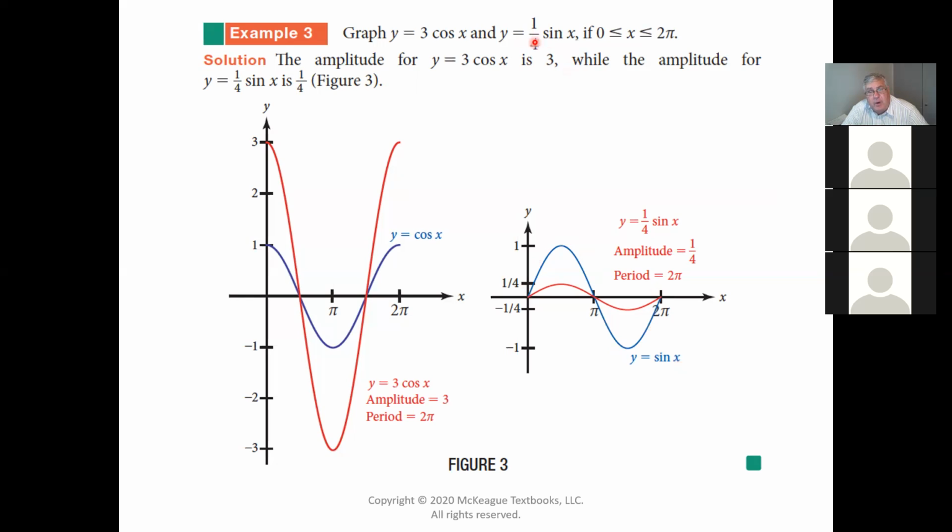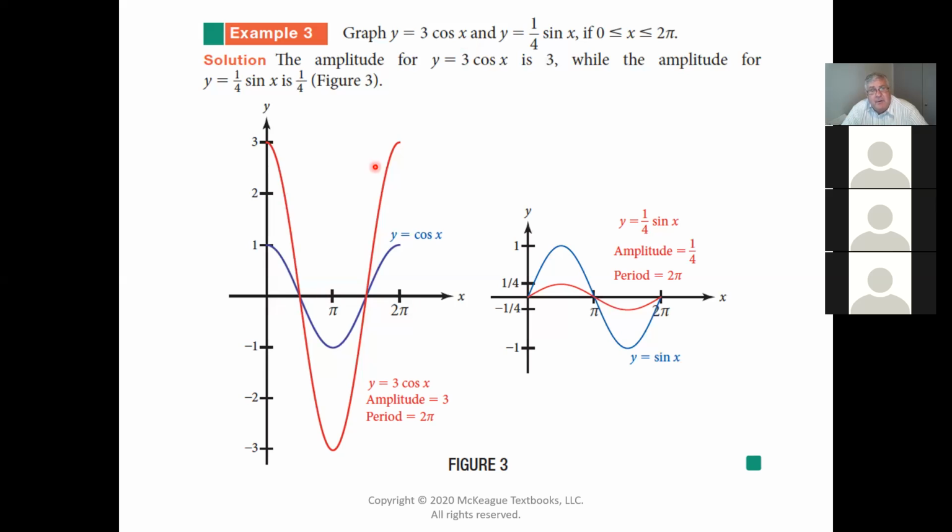For y equals 1/4 sine x, again, 1 is being multiplied by x, so the period is still 2 pi divided by 1, or 2 pi. For y equals 3 times the cosine of x, 1 is being multiplied by x, so the period will be 2 pi divided by 1. 2 pi is the period.